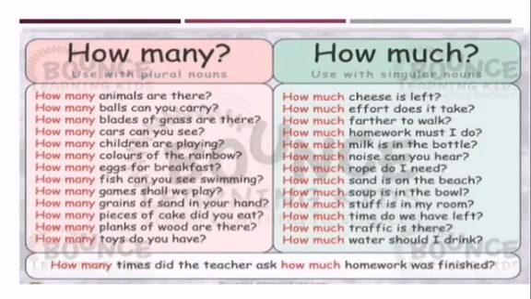But if you're talking about time, you need to use much. How much time do you take to get prepared? ¿Cuánto tiempo te demoras? If we talk about time in general, it is uncountable. We cannot count time. But if we talk about the número de veces, we can count. So we can say how many.